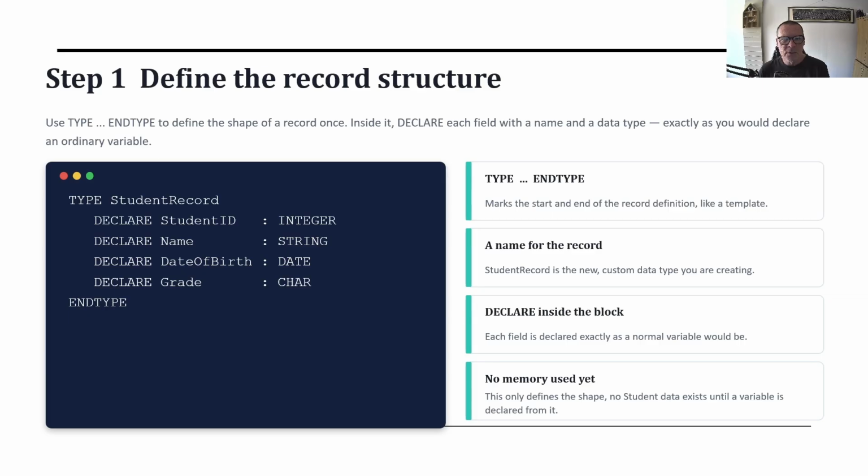This is like a custom data type that you create to be used as much as you want later. We have the normal DECLAREs inside for each individual field. And remember that nothing has actually been used or allocated yet in terms of memory or data. It's purely a template, like we're just defining our own new data type that we'd want to use.